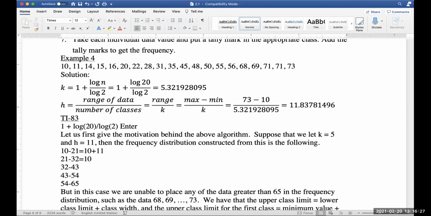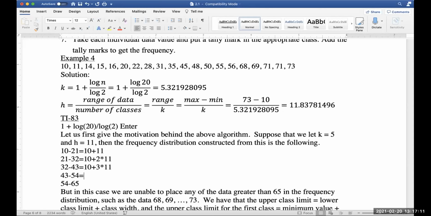But 21 was 10 plus 11, and I'm adding another 11, so that's really 2 times. Now, I'm going from 32 to 43, adding another 11. It was the previous 32, which was 10 plus 2 times 11, and I added an additional 11. So that's 3 11s.